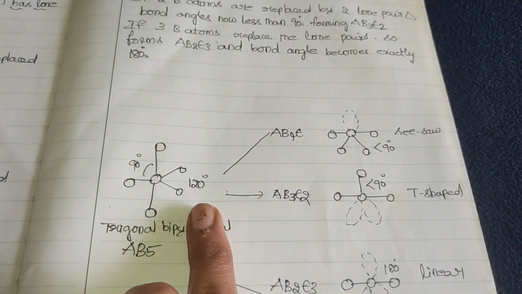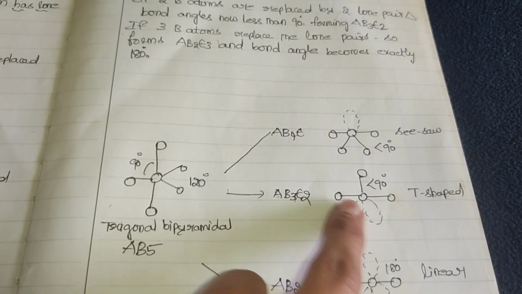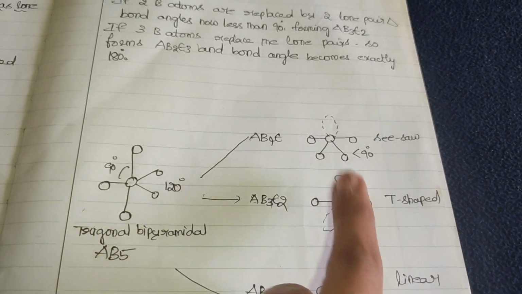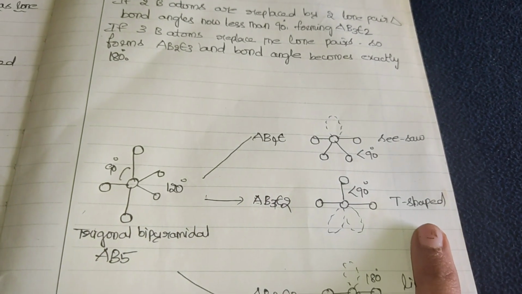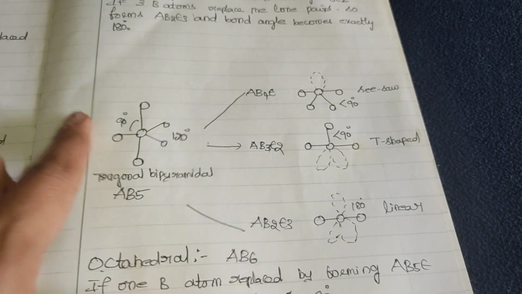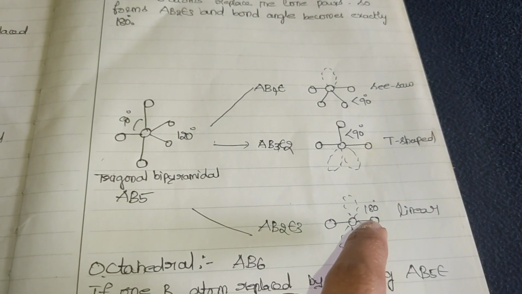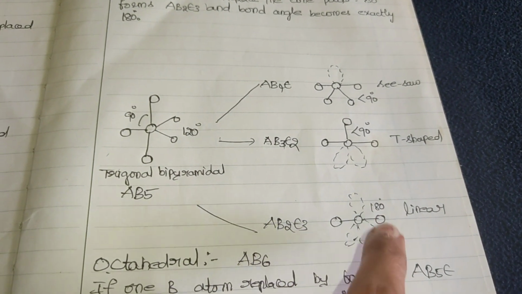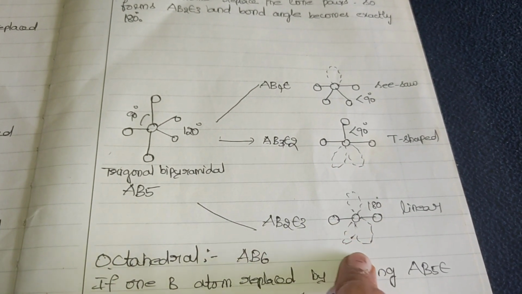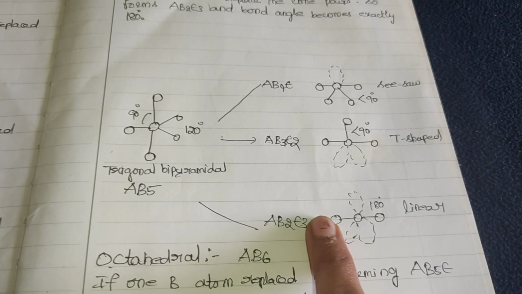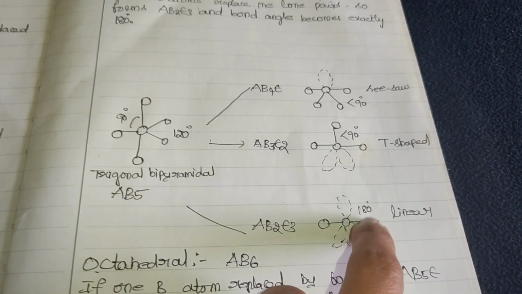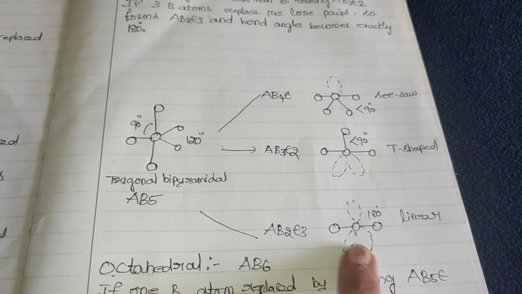If two B atoms are replaced by two lone pairs, it becomes AB3E2, the bond angle also decreases, and it takes the T shape. Again, if three B atoms are replaced by three lone pairs, the AB2E3 molecule takes a linear shape and the bond angle becomes 180 degrees.